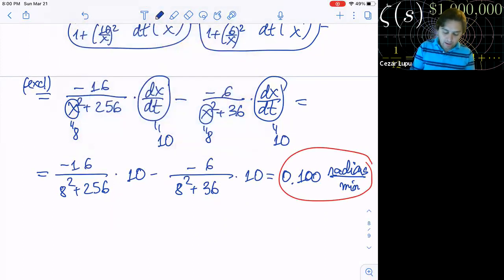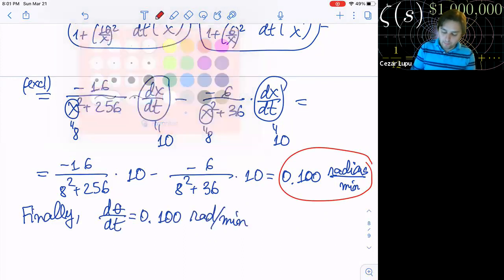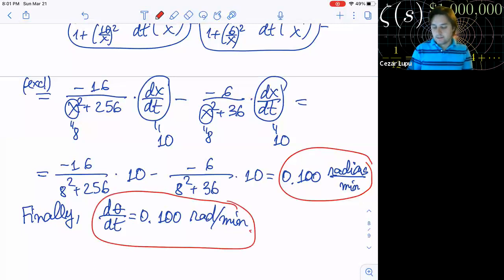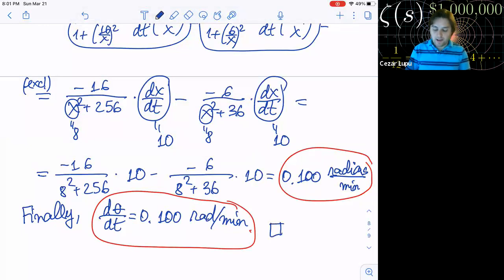So let's write again. Finally, dθ over dt is 0.100 radians per minute. And that's your final answer. That's it. So that's the end of the problem and the end of the test.